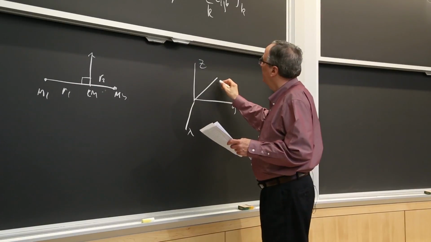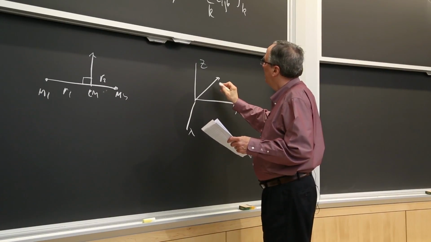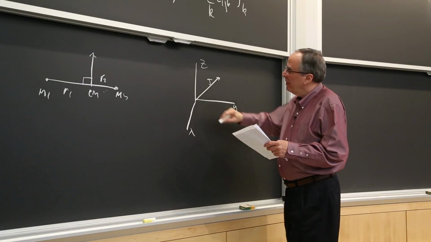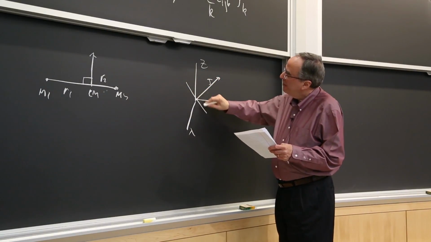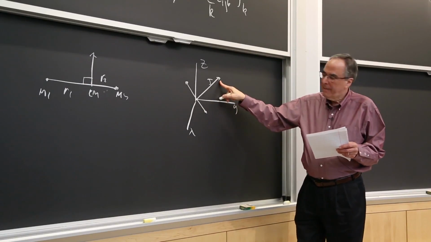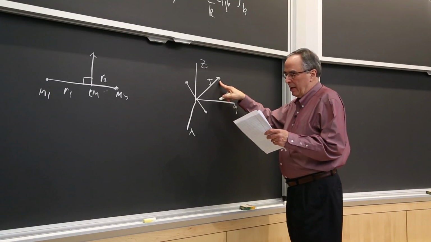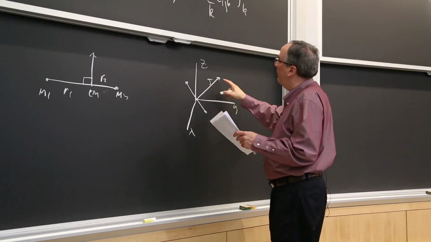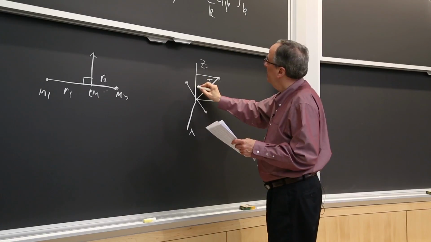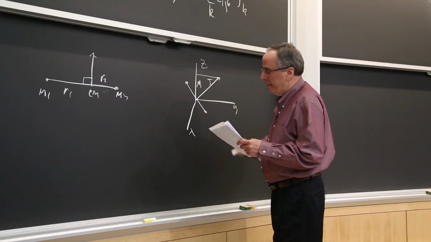We have j and we have the molecule, which is perpendicular to j. And we have the projection of j on the body axis, on the z-axis, and that's m.